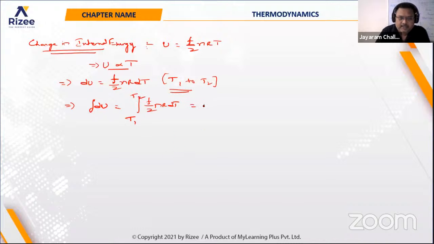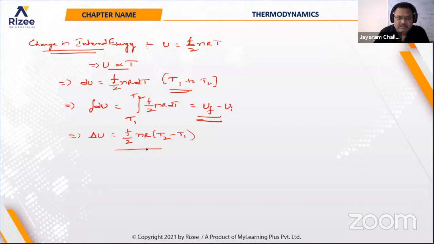It can also be written as U final minus U initial for solving certain sums. For all kinds of processes, whatever they may be, you can write delta U equal to F by 2, the degrees of freedom, into nR into (T2 minus T1). So this is the change in internal energy.